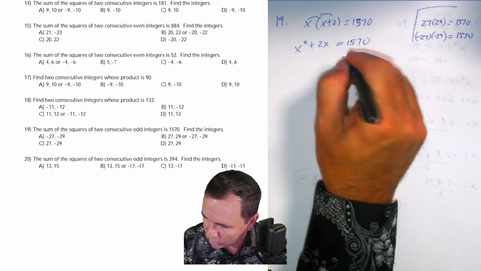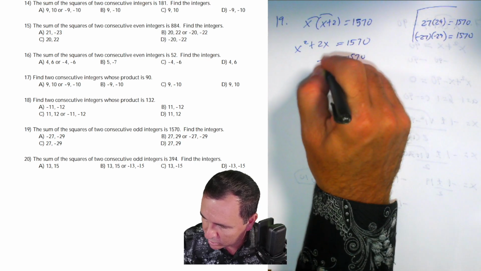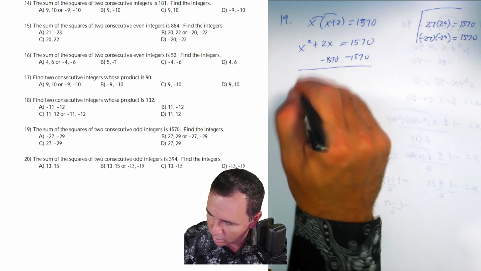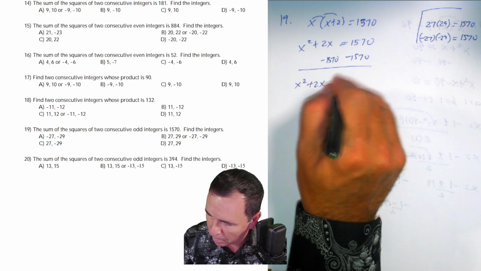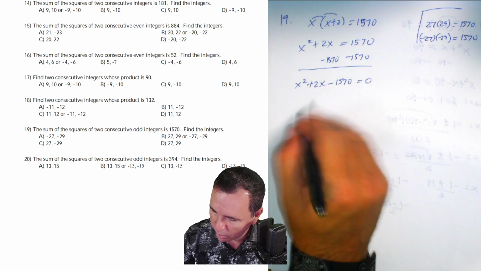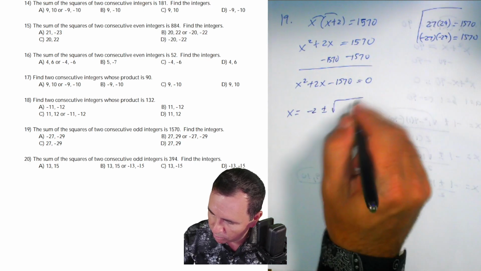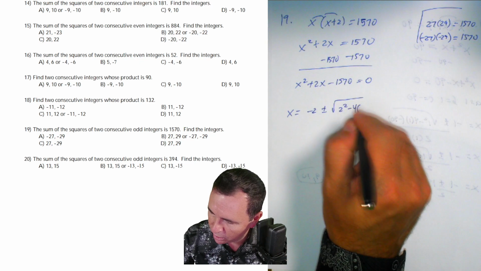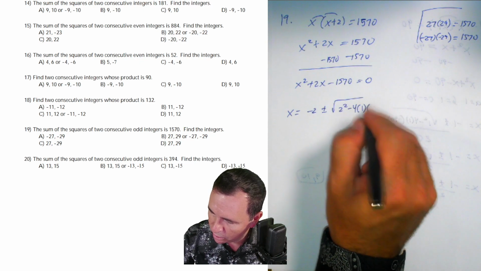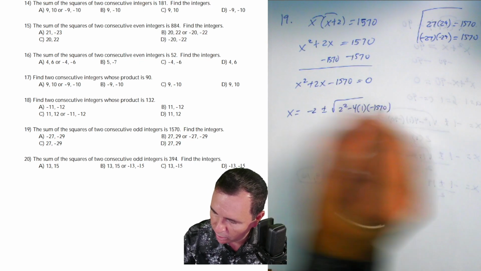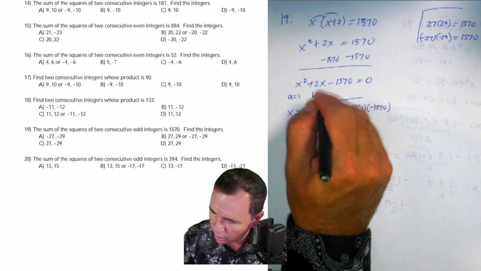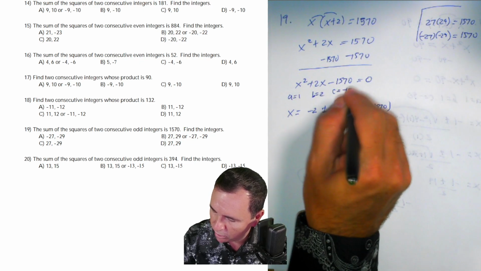I'm going to subtract 1570 from both sides, 0 out the right side. I'm going to go ahead and apply the quadratic formula, negative b plus or minus the square root of b squared minus 4 times a times c. By the way, a is 1, b is 2, c is negative 1570.